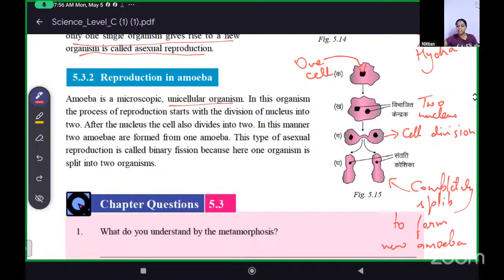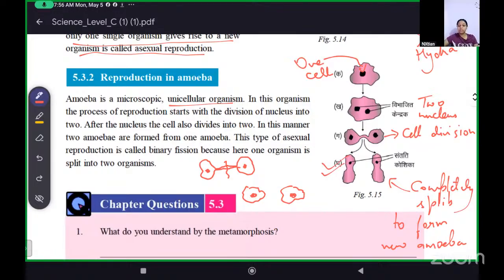See, in the third step, the amoeba elongates from the center, and then in the fourth step, it's very easy. It just breaks apart and gives us two amoeba.